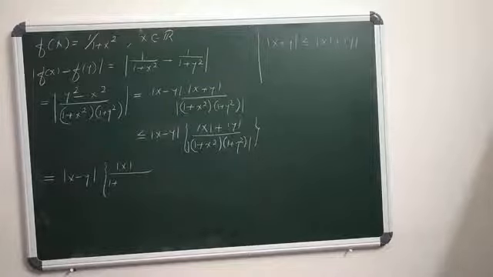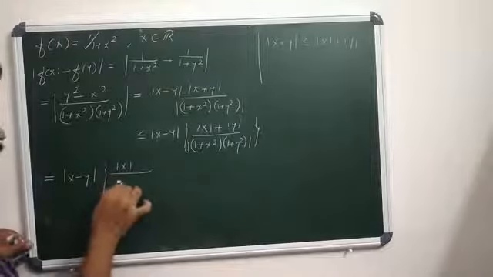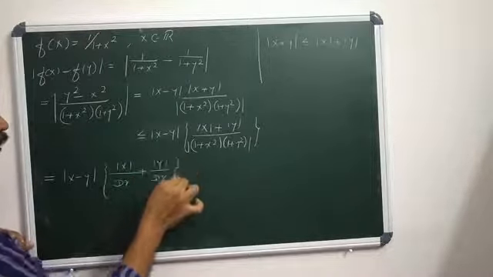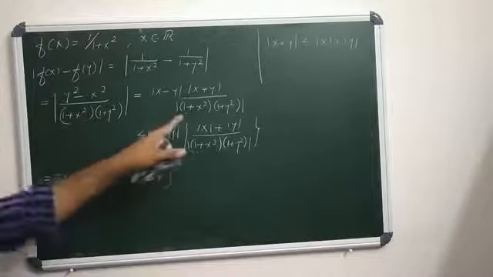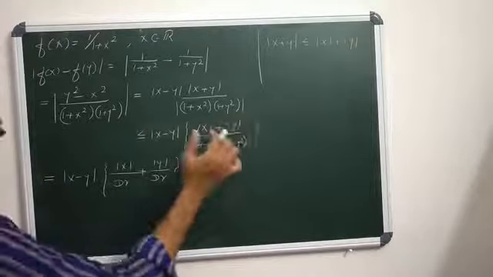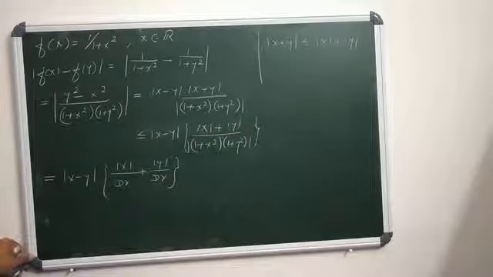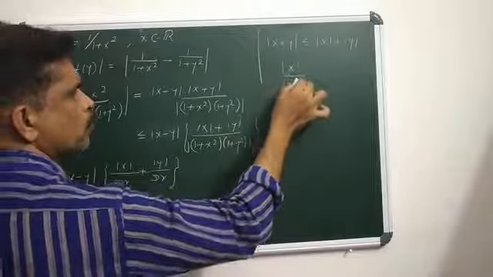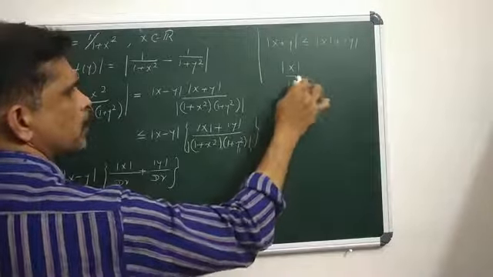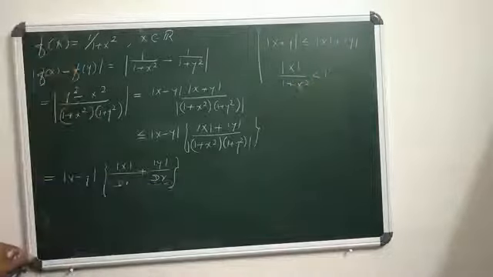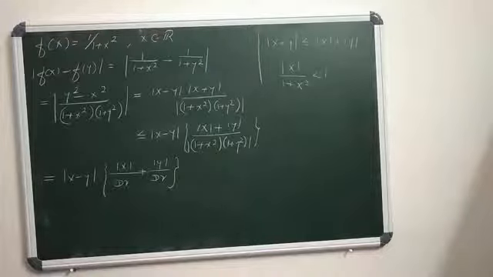So it is mod x by this denominator plus mod y by this denominator: mod x by mod 1 plus x square into mod 1 plus y square, plus mod y by mod 1 plus x square into mod 1 plus y square. But consider mod x by 1 plus x square. Mod x by 1 plus x square is always less than 1.